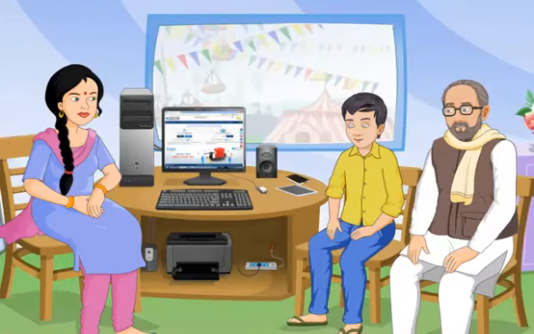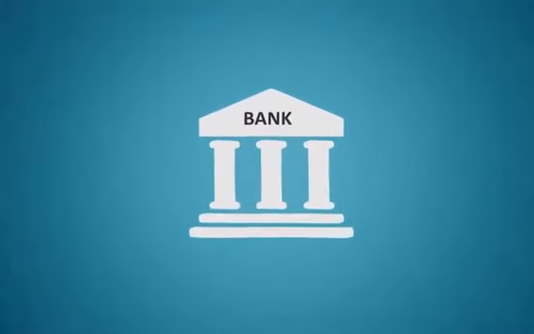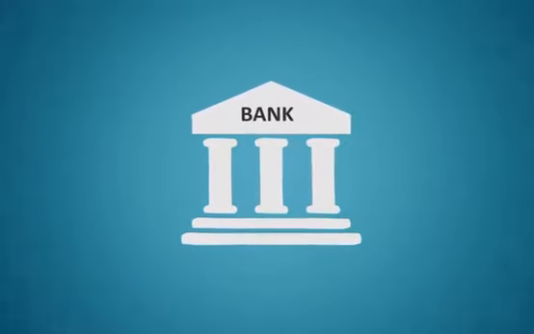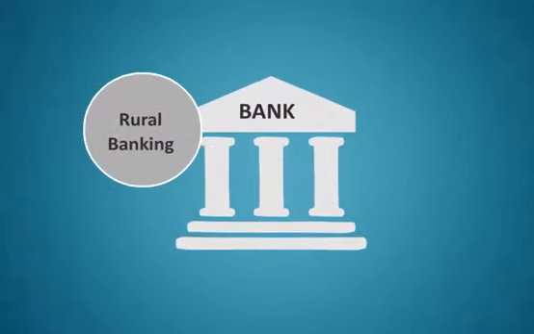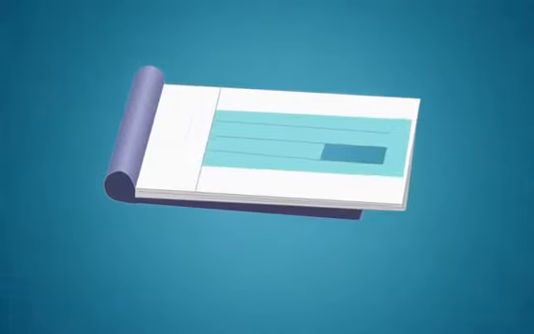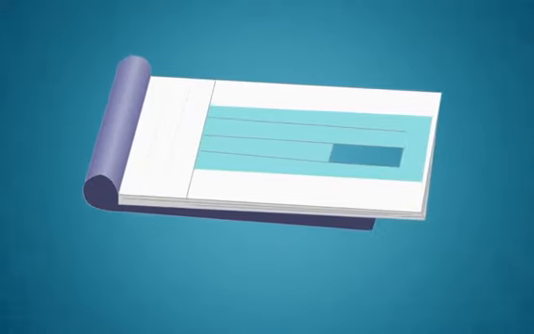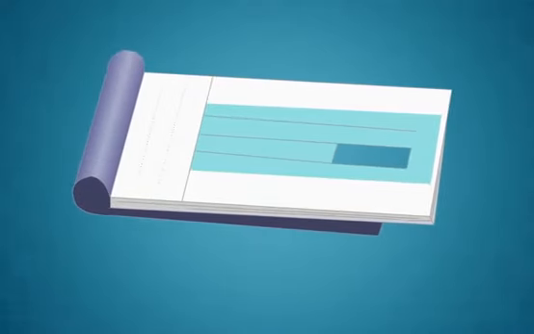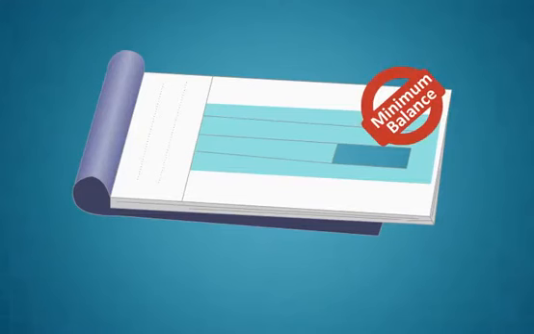From which bank can we avail this service? For this, one can open an account in any bank branch or business correspondent or Bank Mitra outlet with zero balance. However, if the account holder wishes to get checkbook, he or she will have to fulfill minimum balance criteria.